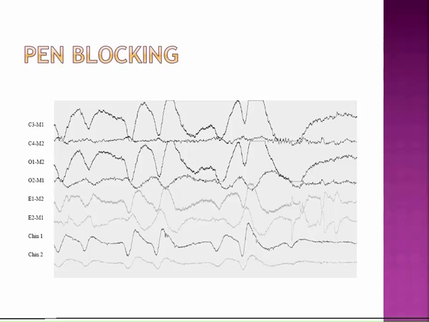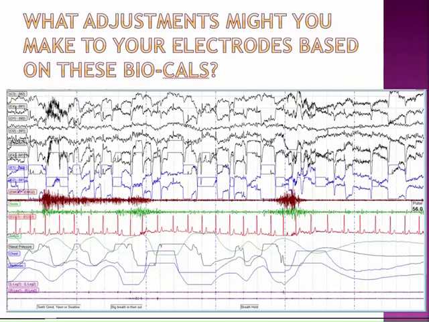Let me see if I can find an example of pen blocking in respiratory. All right, here's an example of pen blocking in your respiratory channels. On the chest and the abdomen, where it blocks or squares off, you're not able to fully see the depth of that breath, because each of these waveforms represents the patient's tidal volume, how deep a breath they're taking.